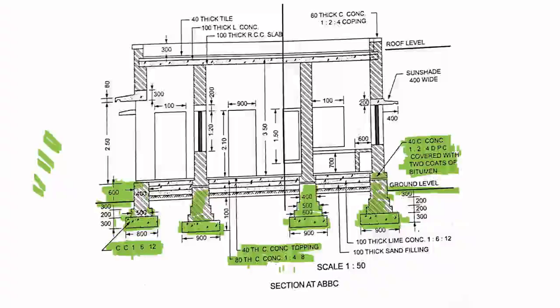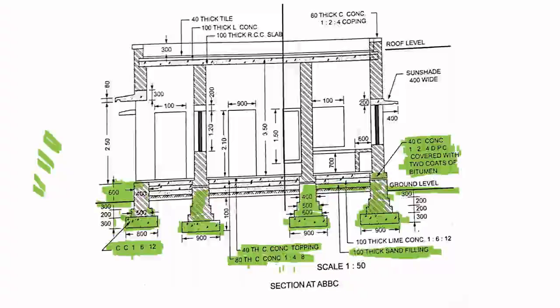Now see in this 600 mm, this layer is 100 mm thick sand filling. That is, for a thickness of 100 mm you have sand filling.